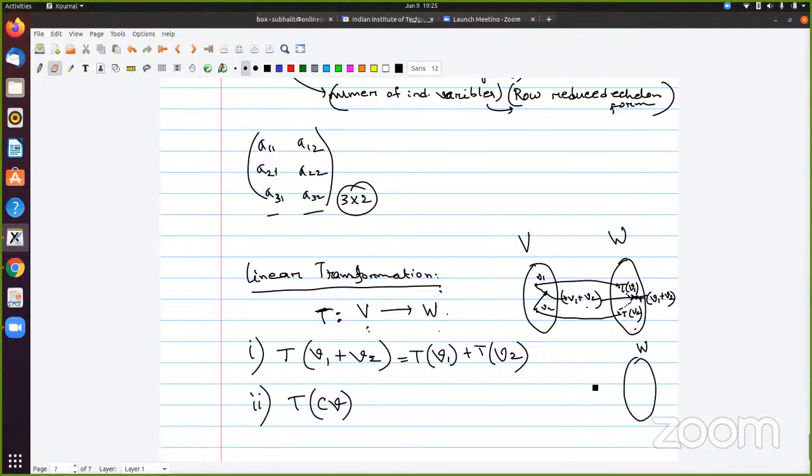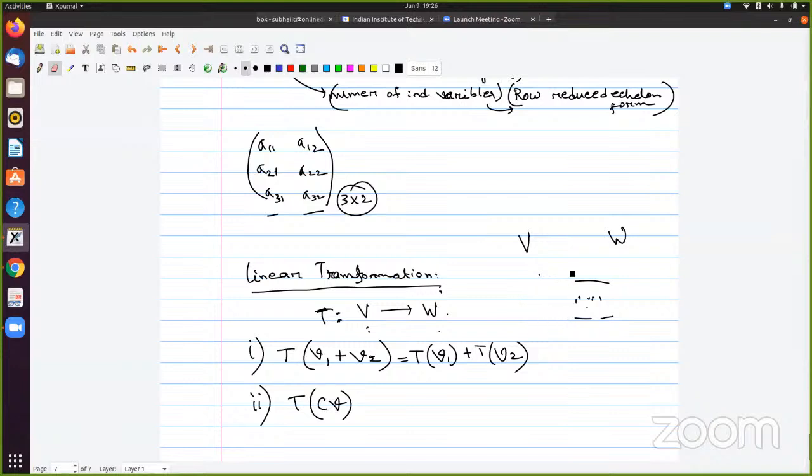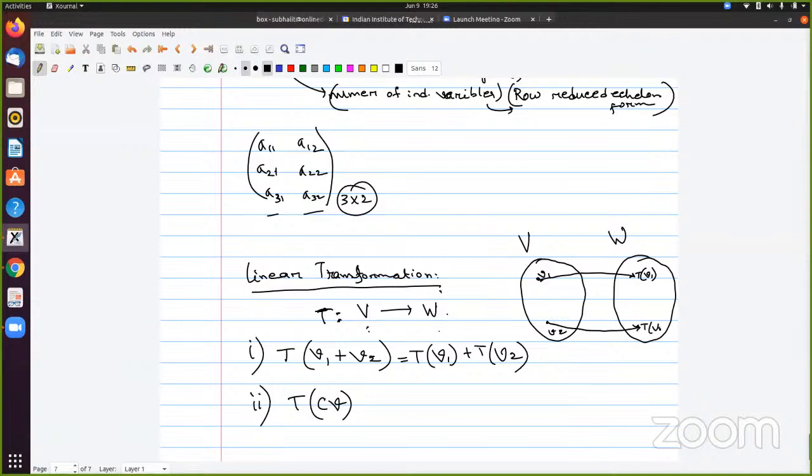Okay. So let me again draw this a little bit better maybe. So this is your V, this is your W. I have V1 here, and V2 here. This V1 is going to somewhere called T V1. This V2 is going somewhere here, which is called T V2.